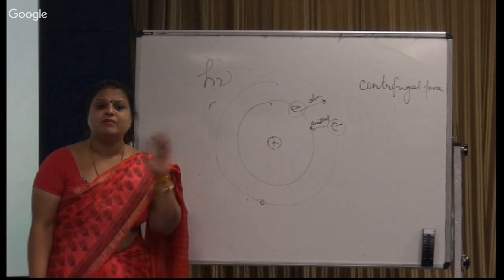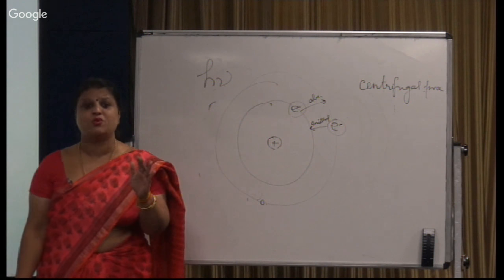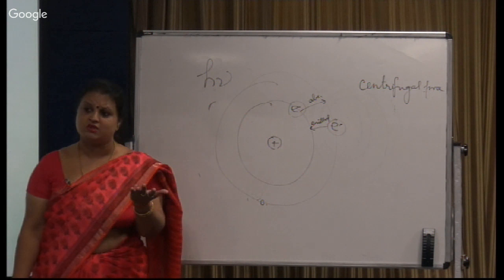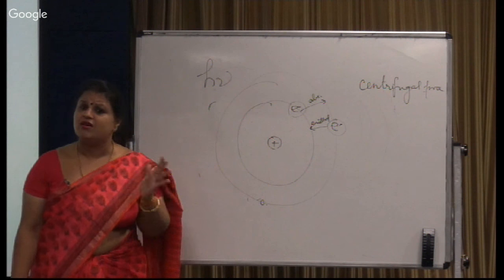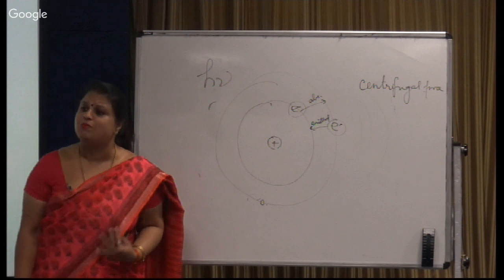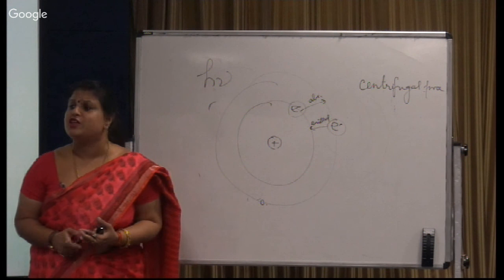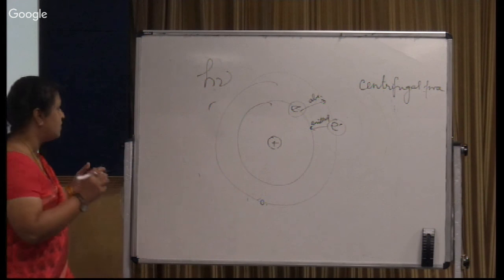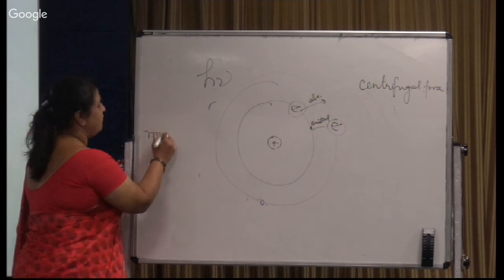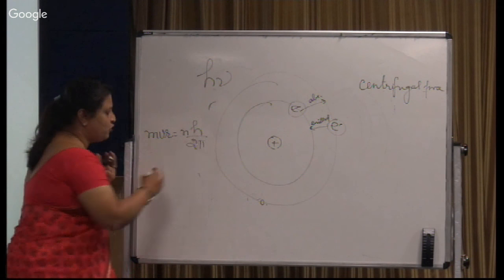Then, since Bohr's model was based on the quantization principle, it was based on Planck's quantum theory. It also said that the angular momentum of the electron cannot be any arbitrary value, but it will be an integral multiple of h by 2 pi. So another postulate that he gave was that mvr, the angular momentum, is an integral multiple of h by 2 pi.